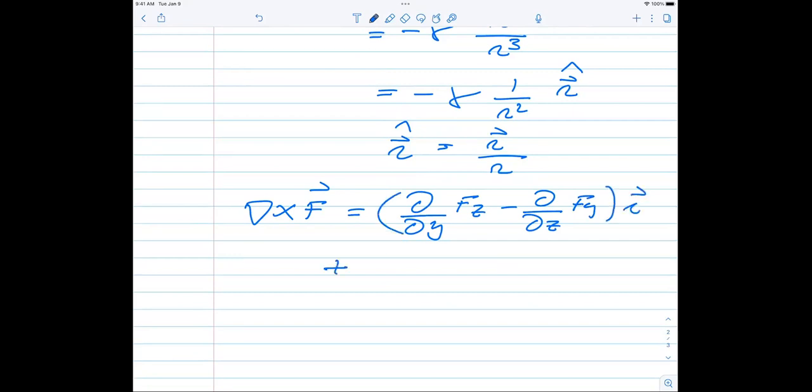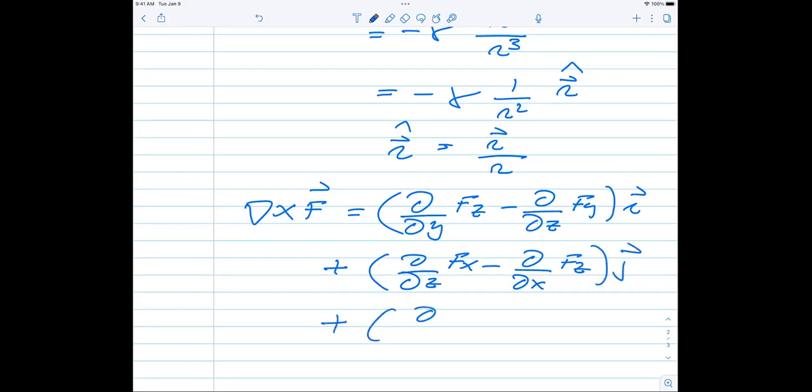And then I have plus d/dz of f_x minus d/dx of f_z multiplied with j, plus d/dx of f_y minus d/dy of f_x multiplied with the unit vector in the z direction.